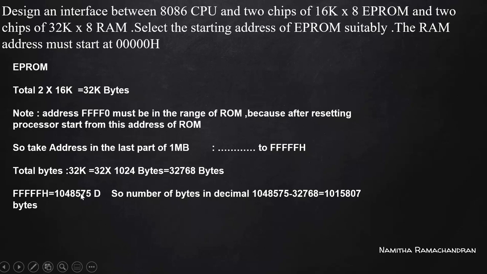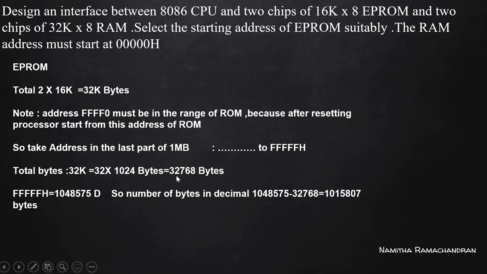For this conversion, you can use your calculator or Excel for base conversion. This is the decimal equivalent of this number, and this many bytes we need to allot in our ROM space.